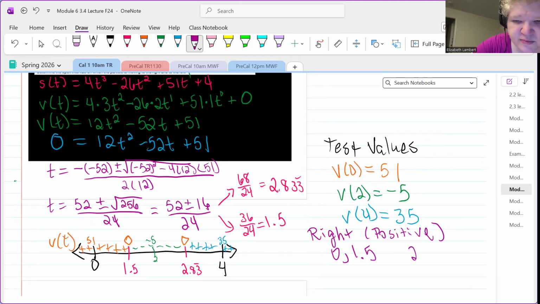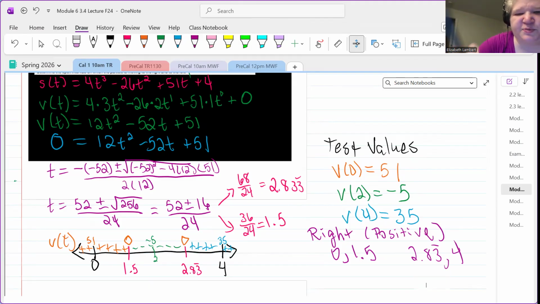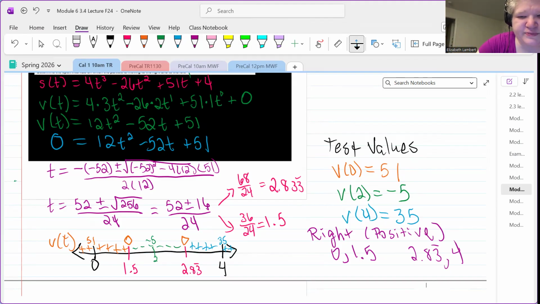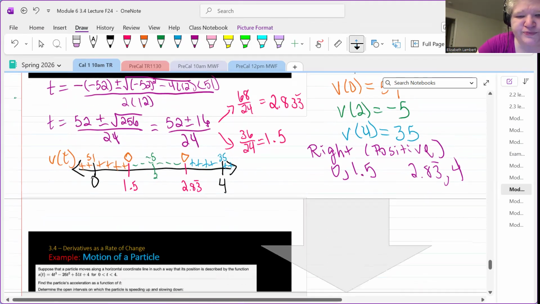And it's from the 2.83 repeating to 4. Now, WebWork may not like 2.83 repeating, so you could also write just the 68 over 24 there instead when you're typing your answer in, because WebWork does prefer precision the most.